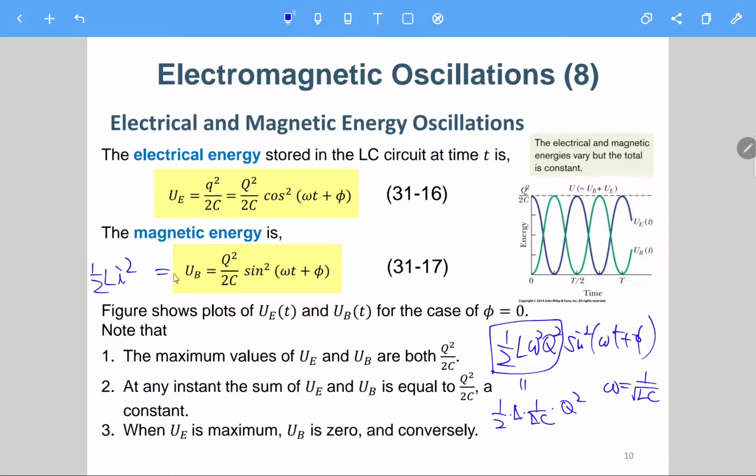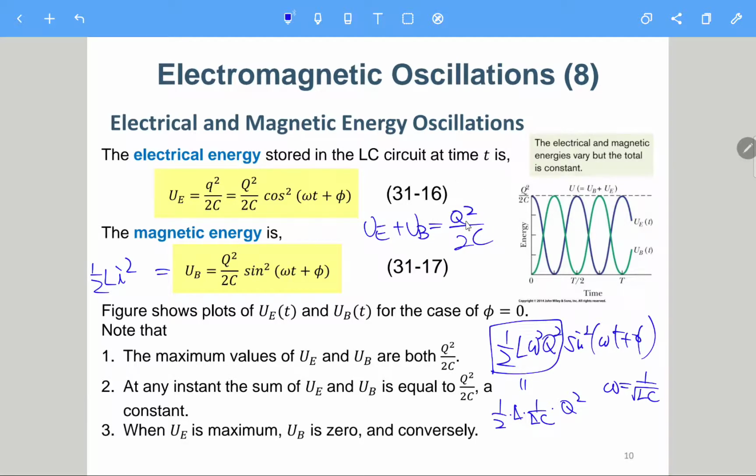So for UE and UB, they are two square of a sinusoidal. One is cosine square, one is sine square. And the amplitudes are the same, which is Q square over 2C. So if we add them together, cosine square plus sine square should be 1, which means that UE plus UB should be Q square over 2C, which is a constant.